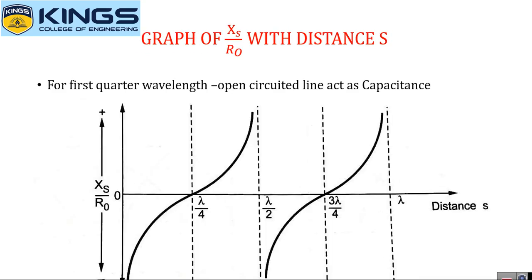Then if you take the graph of X of s with distance s, initially it is 0, and at λ by 4, λ by 2, 3λ by 4 and λ, if you put the X of s values, the graph is like this. So here λ by 2 and 3λ by 4. Then for the first quarter wavelength, the open circuit line acts as a capacitance.